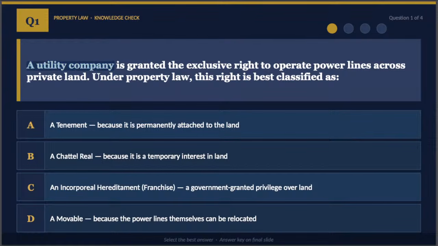A utility company is granted the exclusive right to operate power lines across private land.